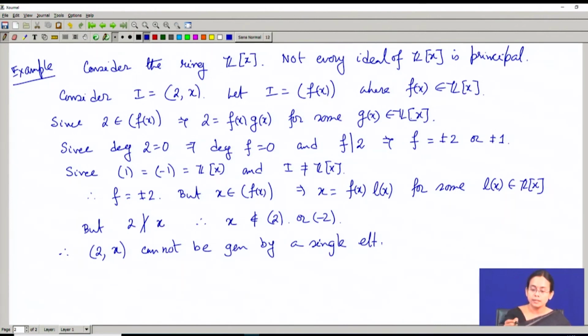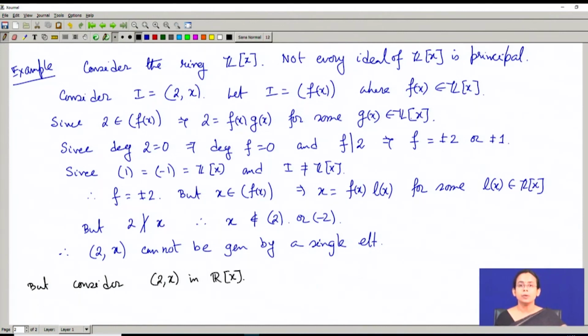So, let us see that. Consider the ideal generated by 2 and x in R[x]. I know that R[x] is a polynomial ring over a field and there every ideal is principal. Therefore, this ideal generated by 2 and x should also be generated by a single element. But what will this ideal be?